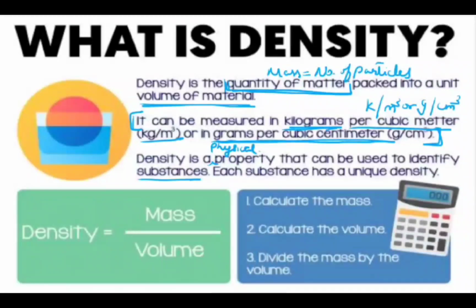By these definitions, the formula of density is density equals mass upon volume.